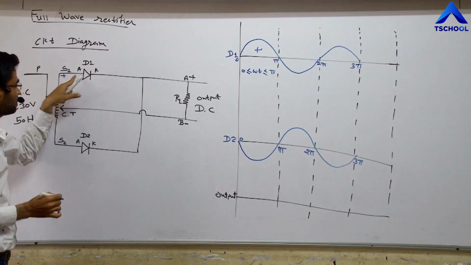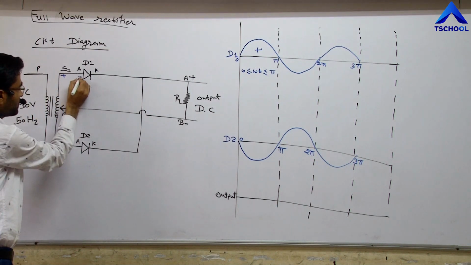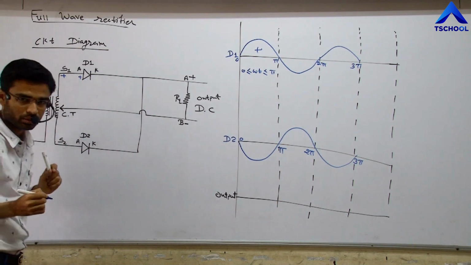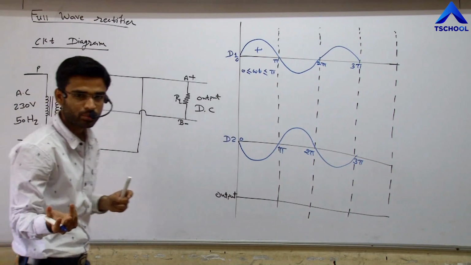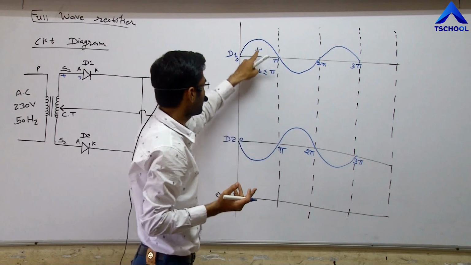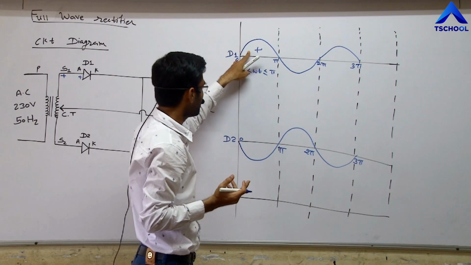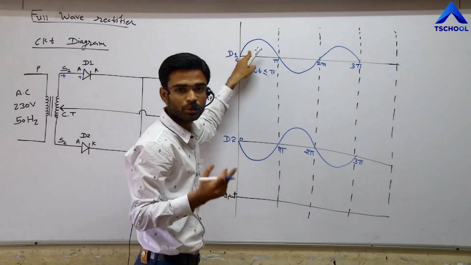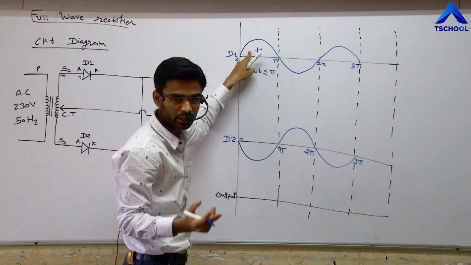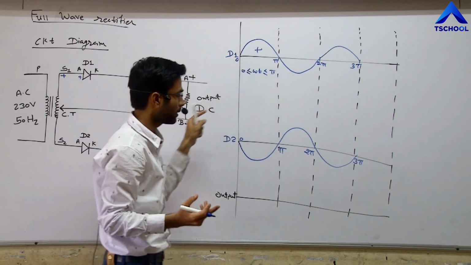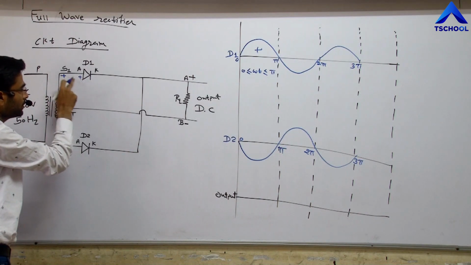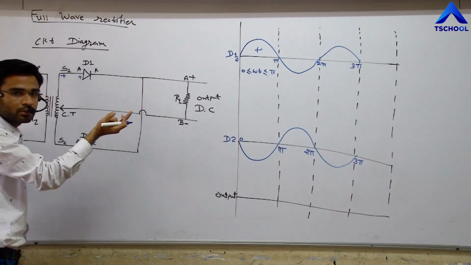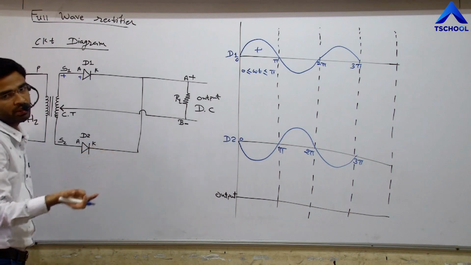Here positive means the P section of the PN junction diode. Why does S1 become positive? Because during the first positive half cycle S1 is positive, and positive means the connection is in forward bias mode.